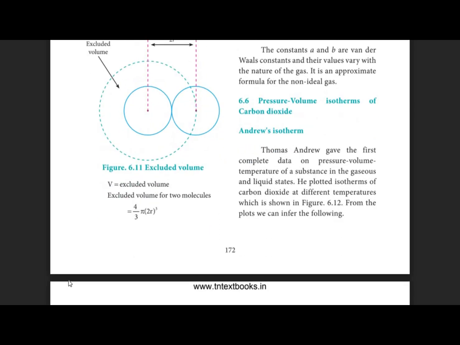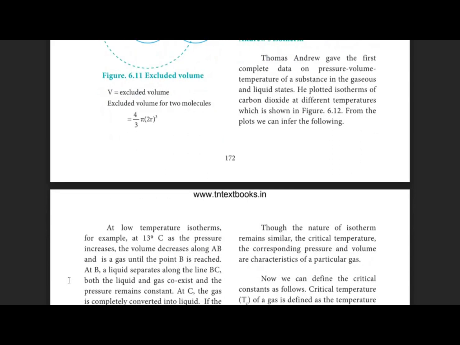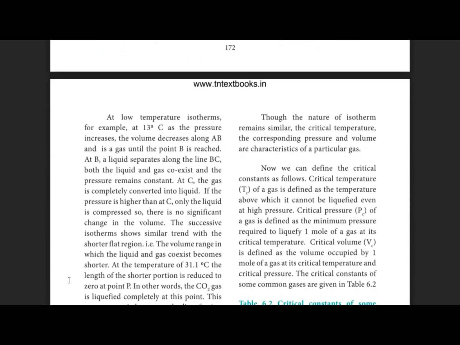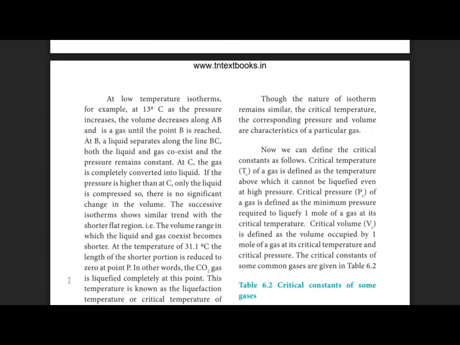From the plots, we can interpret some of the factors. At low temperature isotherms, for example at 30 degrees centigrade, as the pressure increases, the volume decreases along AB. It is a gas until the point B is reached. At B, a liquid separates along the line BC.